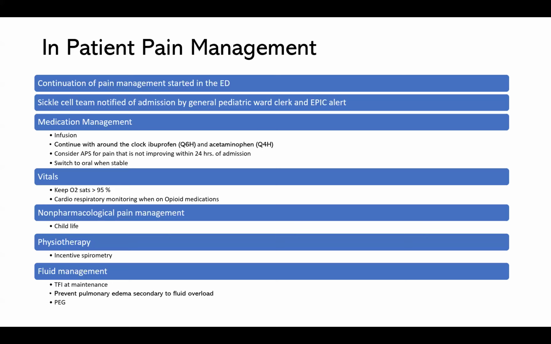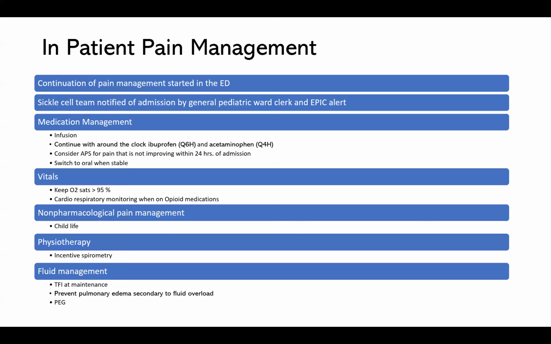With our patients, they're obviously in excruciating pain. There are times when they are lying flat in bed for days because the pain is so bad. They're not sitting up, they're not moving around, they're not taking deep breaths and moving air in and out of their lungs. We have an automatic referral to physiotherapy to get incentive spirometry started. And incentive spirometry is usually done on an hourly basis.